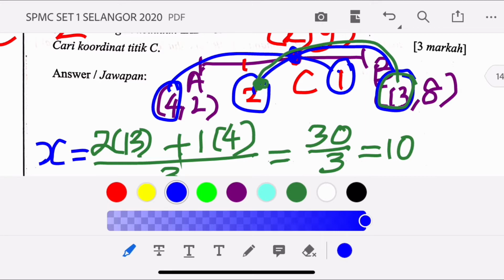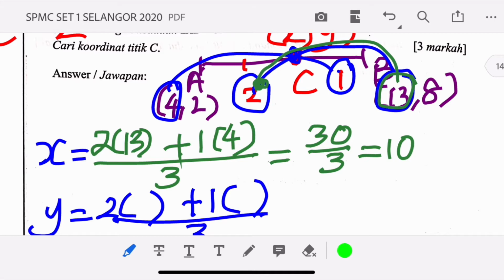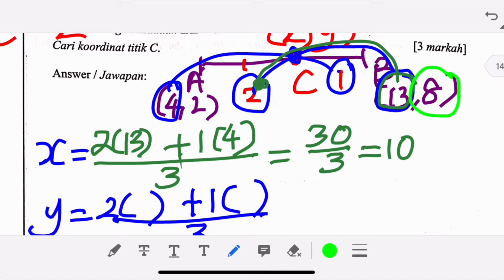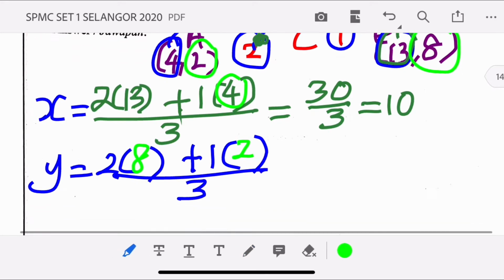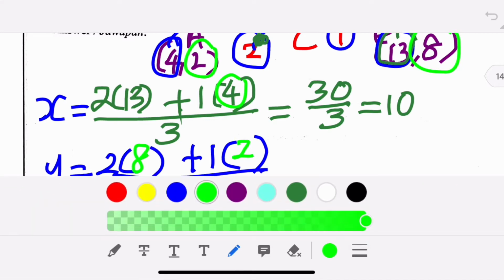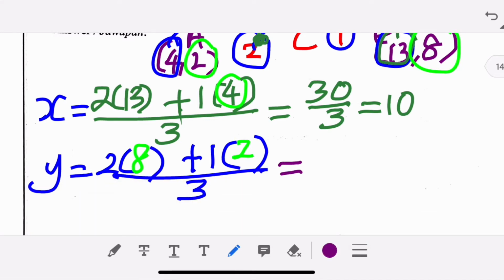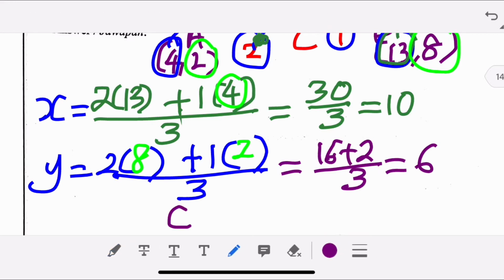Beside 13 is the y, which is 8, right? Beside the 4 is y of 2. Also divide by 3 because of the total ratio. So I'm having 16 plus 2, over 3, which is 6. It means that point C is (10, 6), right?